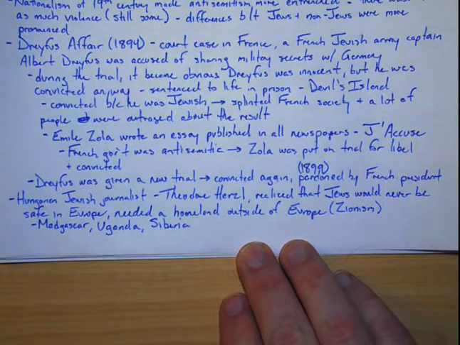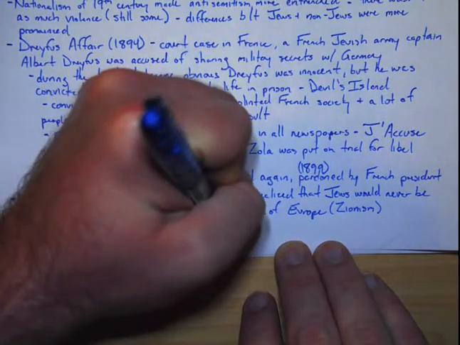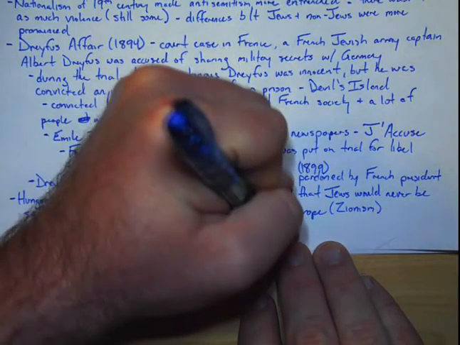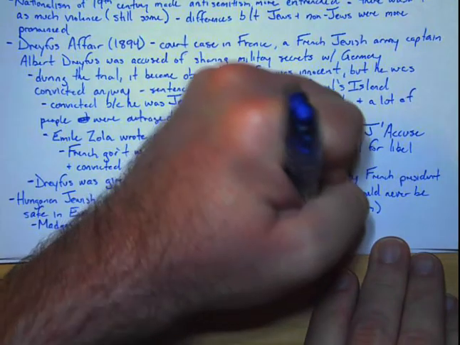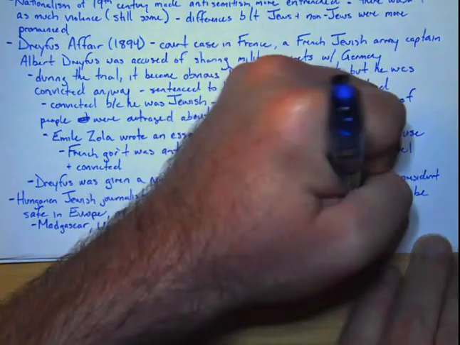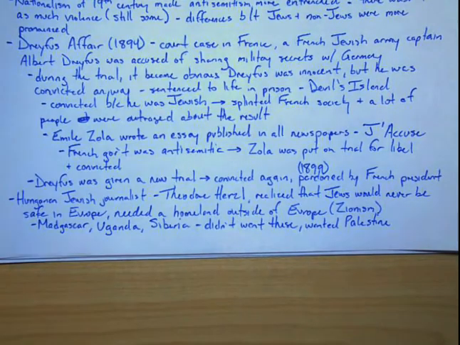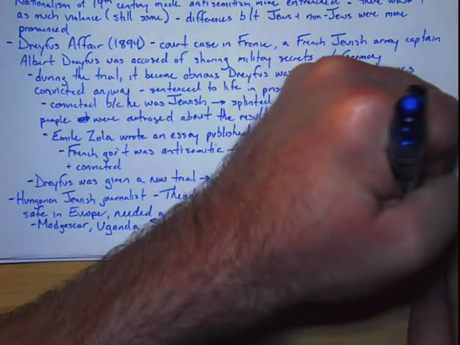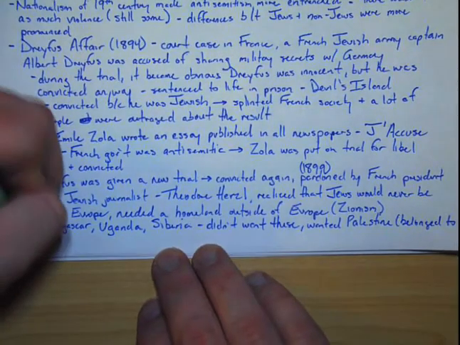But the Jewish people didn't want these. They wanted Palestine, which was their original homeland, like 2,500 years ago. They wanted Palestine. Palestine belonged to the Ottomans.